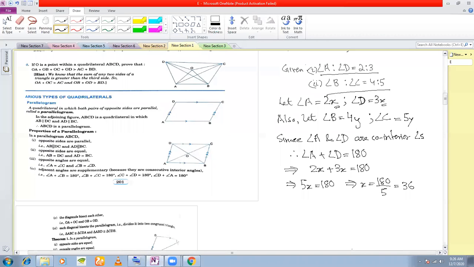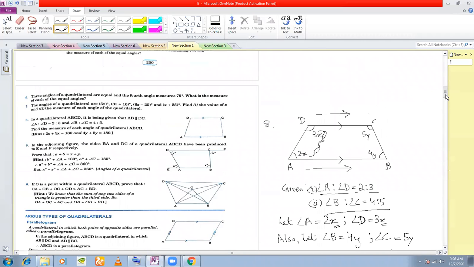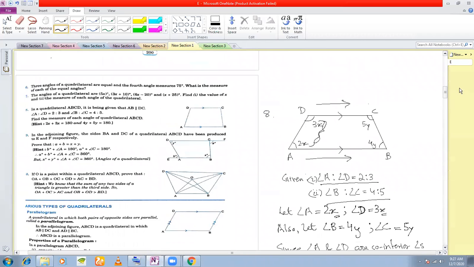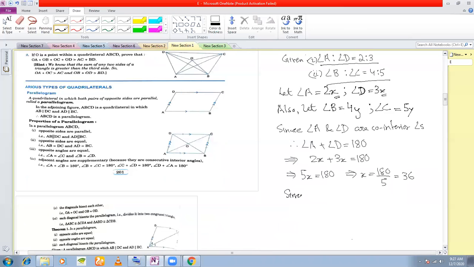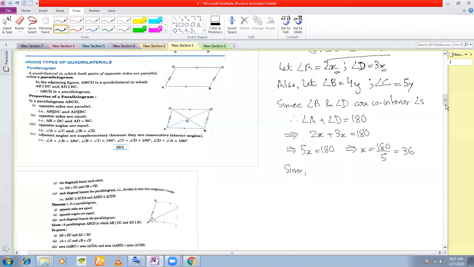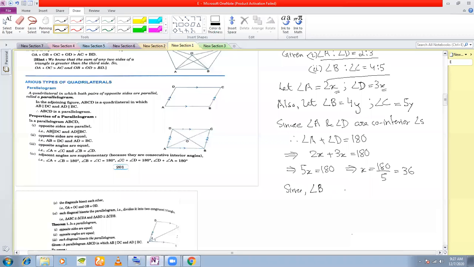We'll use x later. Now let us deal with B and C. Let us deal with these two angles, B and C. These two are again co-interior angles. So since angle B and angle C are co-interior angles, therefore angle B plus angle C must be equal to 180 degrees, because the sum of co-interior angles is 180 degrees.